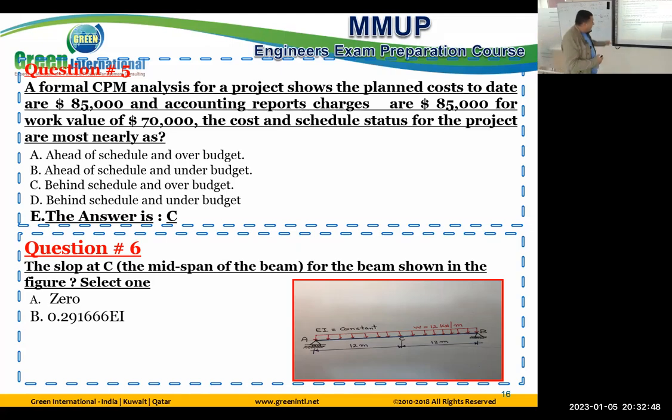Okay. Number C, much better, more beautiful. Why? Because 0.1666 EI. Beautiful, much better. See, 0.333, triple three.